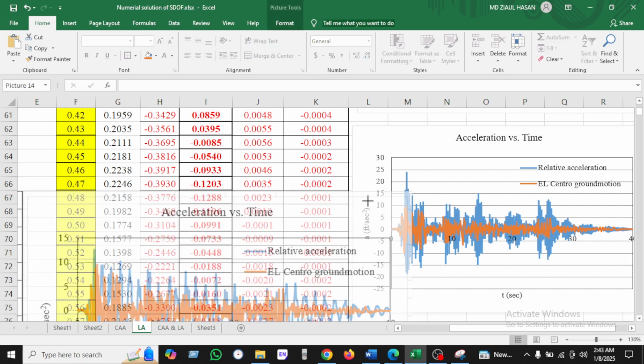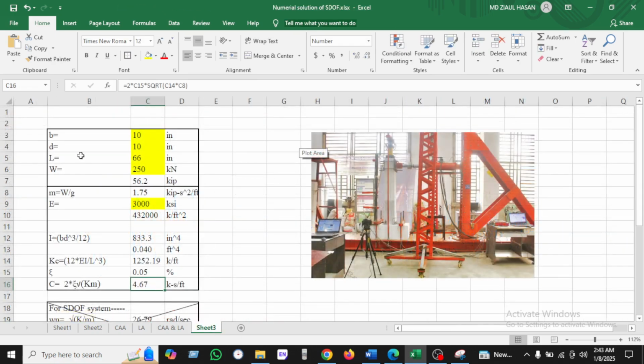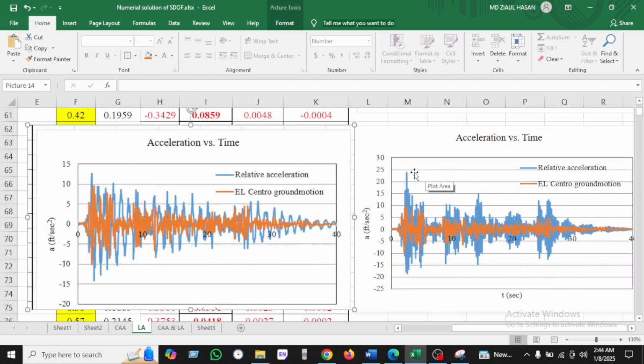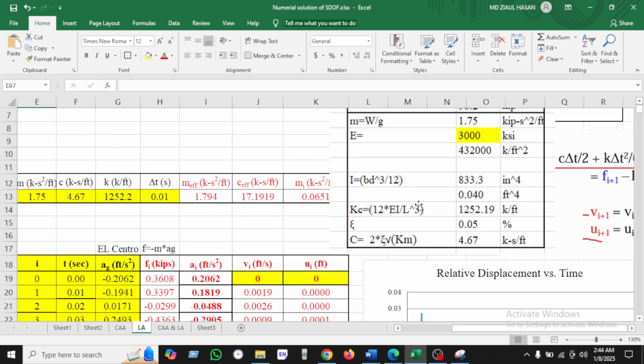This was the previous data, where the relative displacement was 12, but when we input my real scenario or real data, then we see the relative displacement of my real structure has changed. It goes to about 25. So we can conclude that all the data will be changed when we change these parameters.